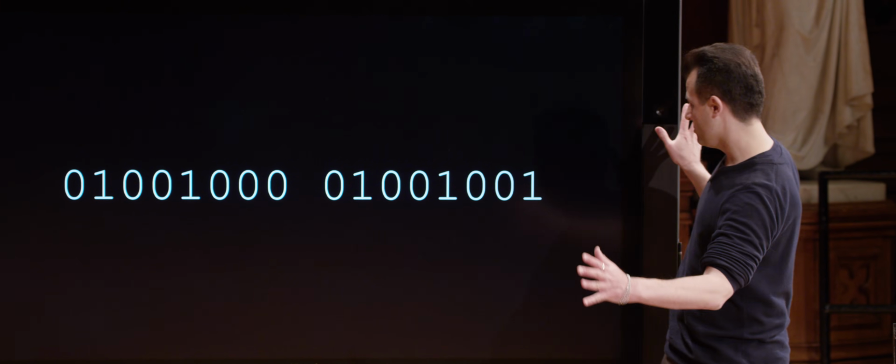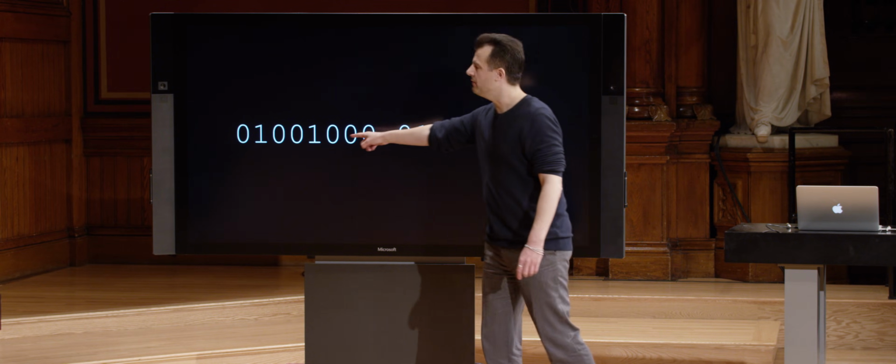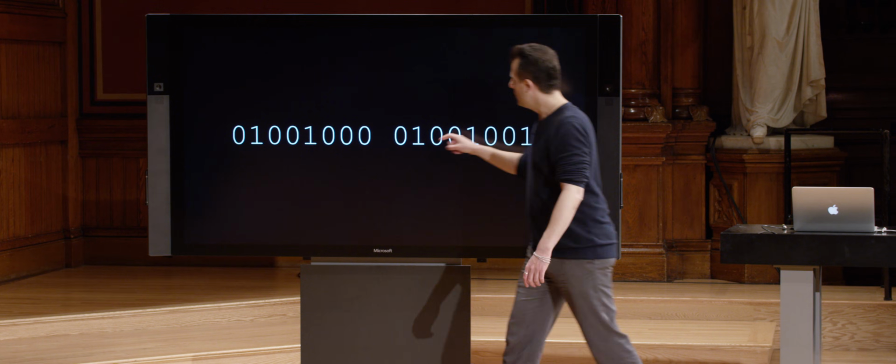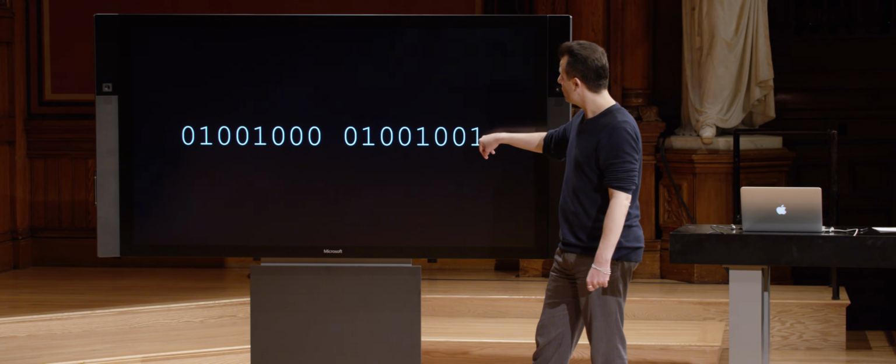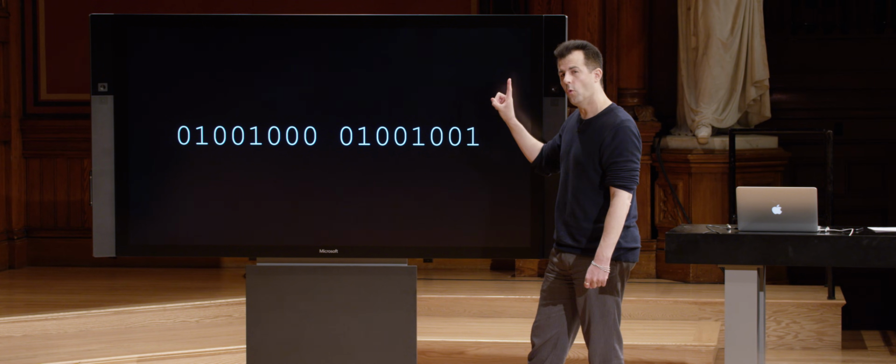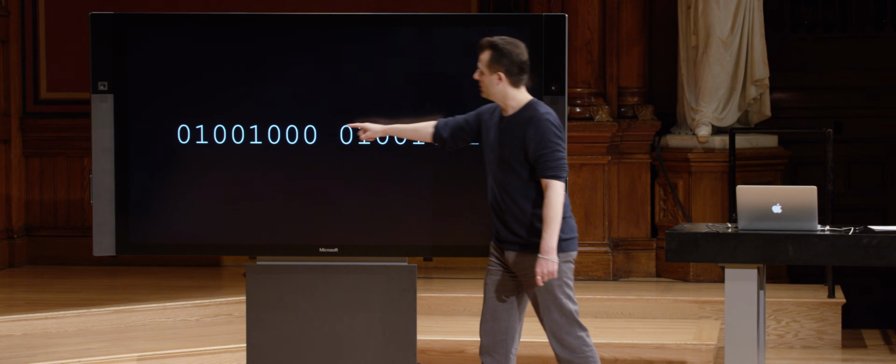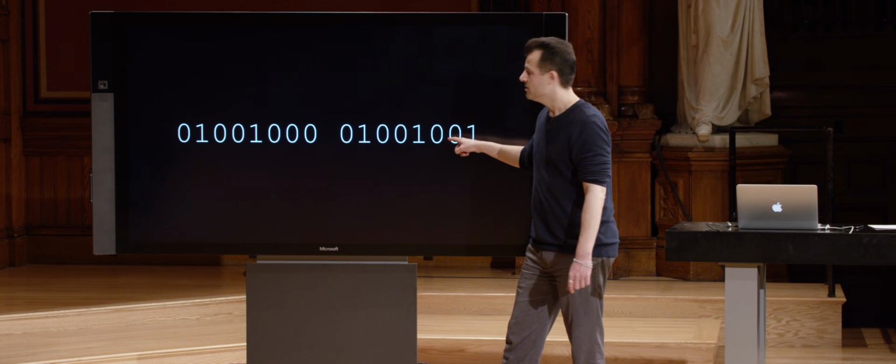Now notice these patterns are actually almost identical. We've got a 1 in the 64's place. We've got a 1 in the 8's place. But we've also got an extra 1 in the 1's place. So if this was 72, and this pattern is identical, except for this last bit here, which adds 1, this must be 72, followed by 73.